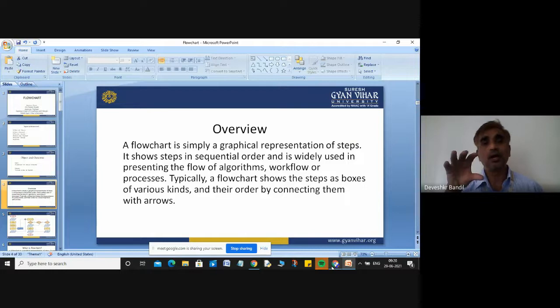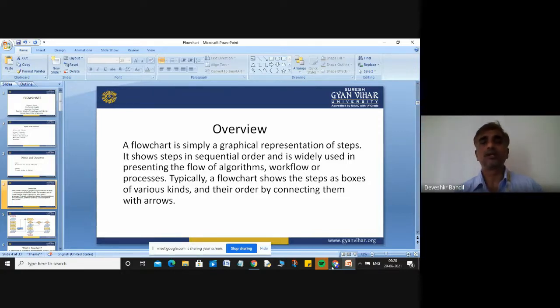Through the flowchart, you can say that these are the flow of your algorithm, the instructions of your algorithm, the workflow or your process. A flowchart shows the steps as boxes of various kinds, which means a flowchart uses several symbols and connects them in order with arrows.